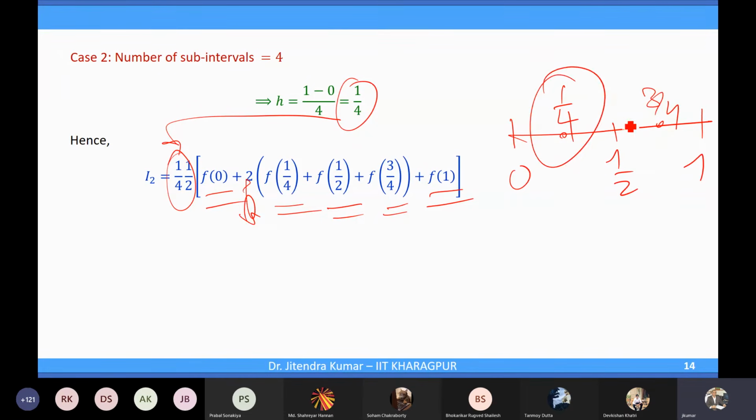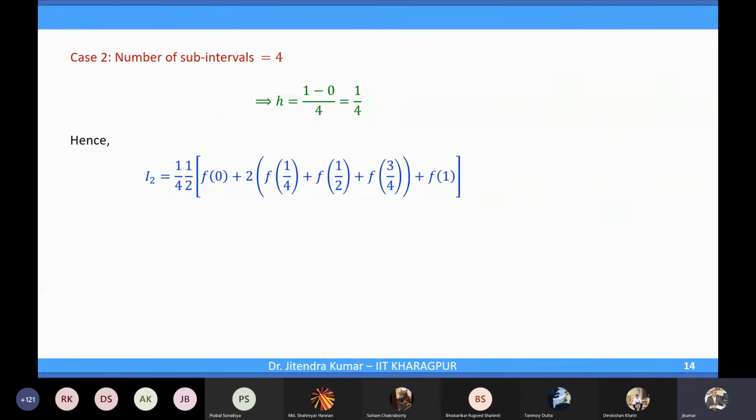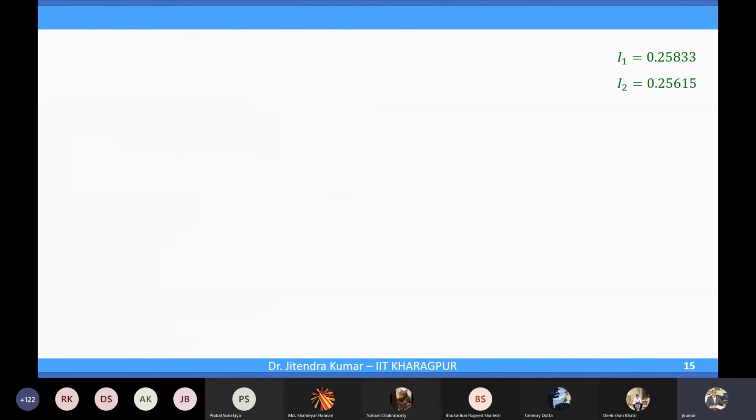You compute these 3 internal points, double them, and add the first and the last point. That's your approximate value. When you compute this, you will get 0.2561. So these are the computations for taking intervals 2 and 4.